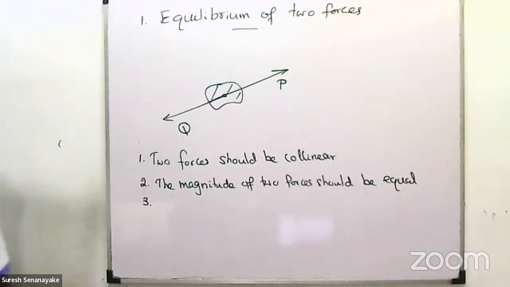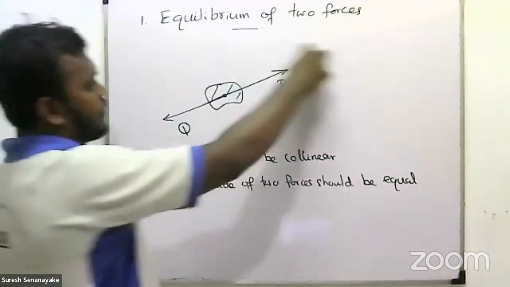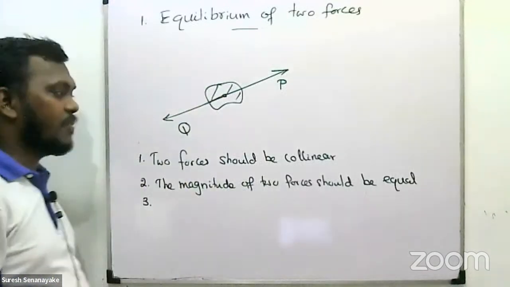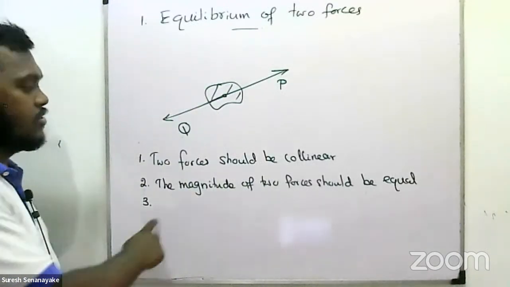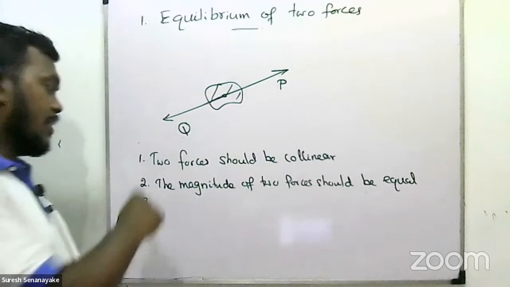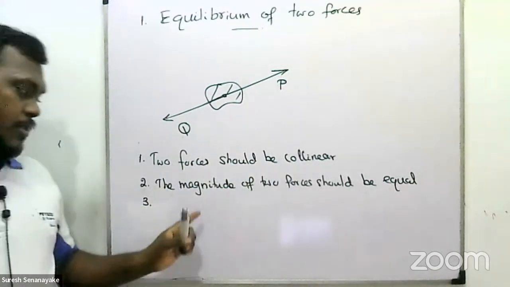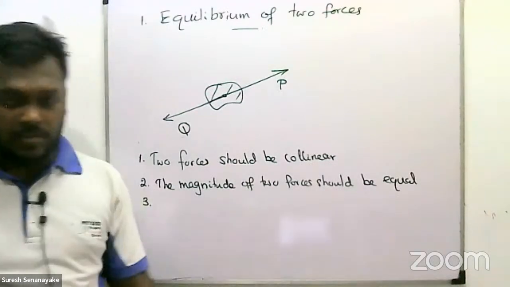okay, we discussed the equilibrium of two forces, right? If a body is in equilibrium under two forces, then these conditions must be satisfied. First, the two forces should be collinear. Second, the magnitudes of the two forces should be equal.